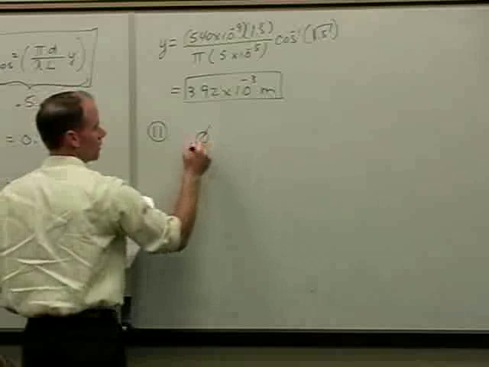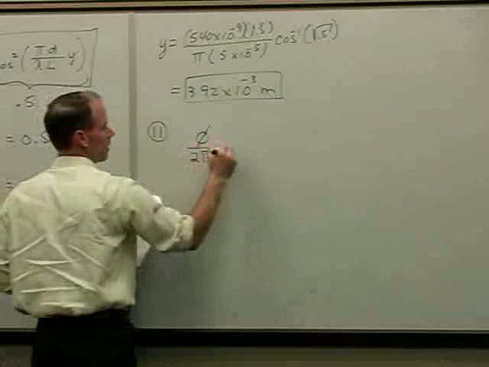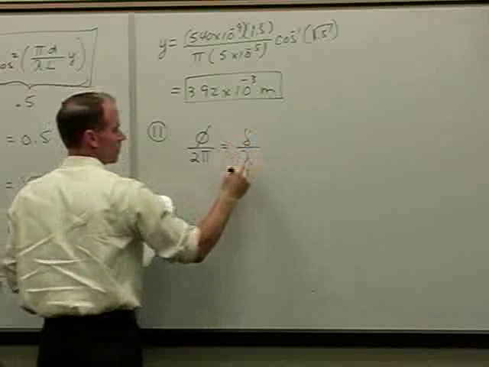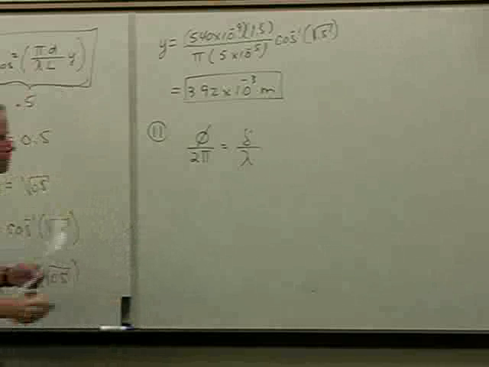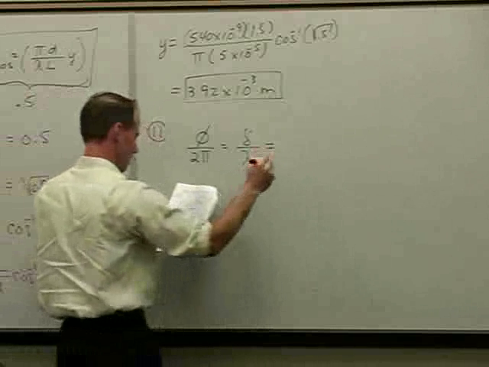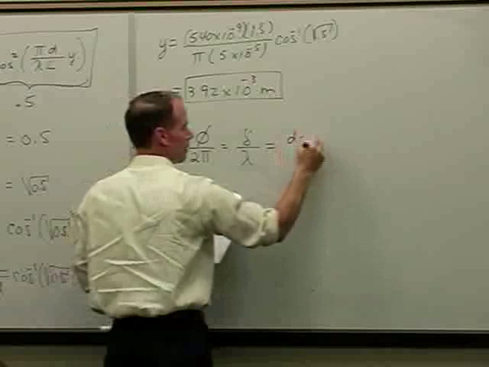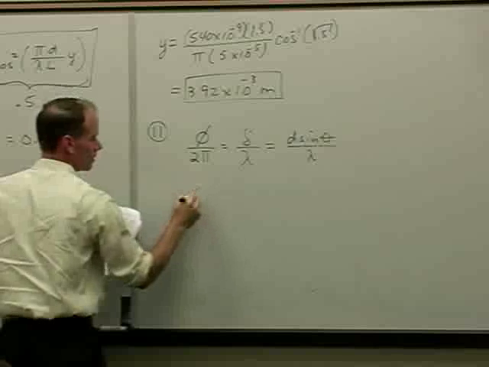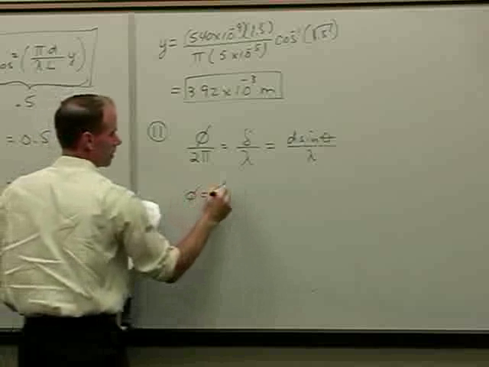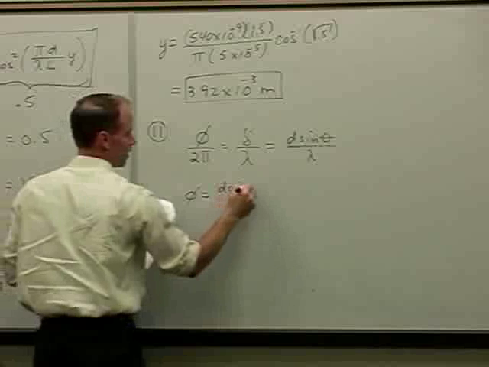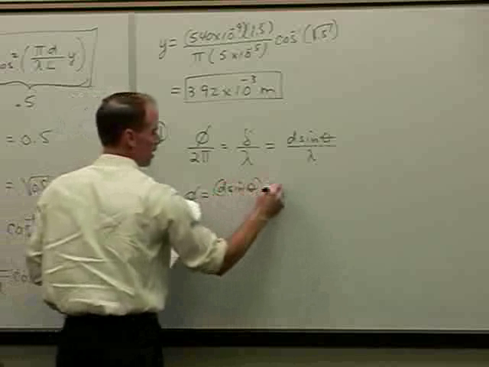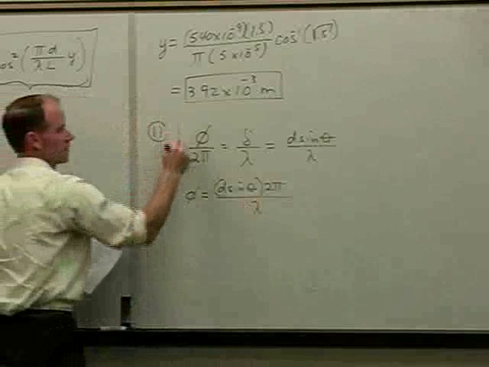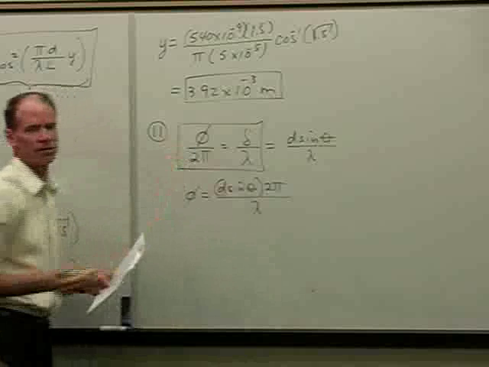Well, the phase difference is to 2 pi as the path difference is to the wavelength. And that path difference is d sine theta. So we could say that the phase difference is d sine theta times 2 pi over the wavelength. Just kind of have to start there in order to keep it straight.